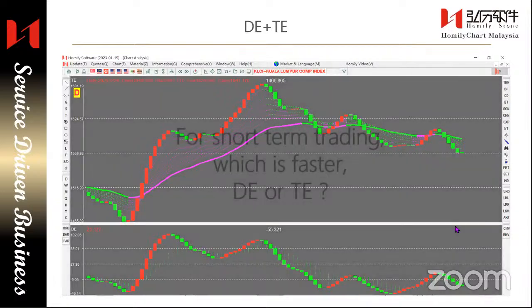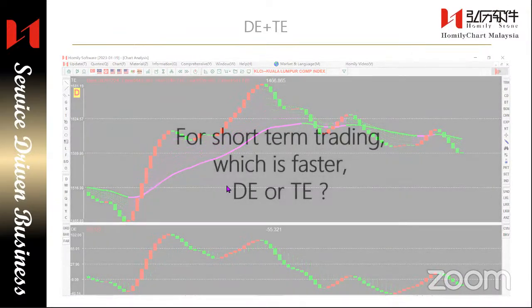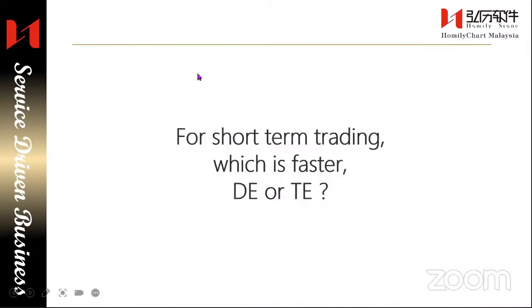There's a very interesting question for you. It's between this deviation expert and trend expert. For short-term trading, which is faster? I mean, these 2 indicators, deviation expert and trend expert.